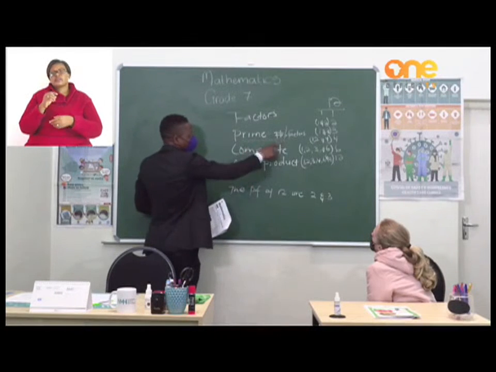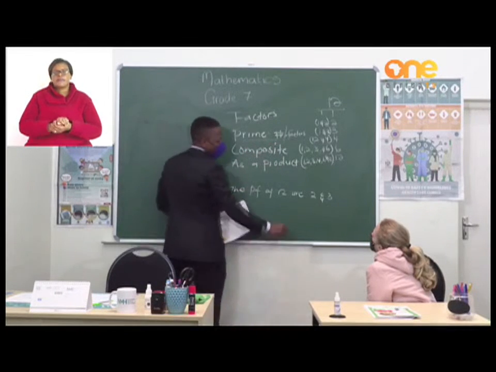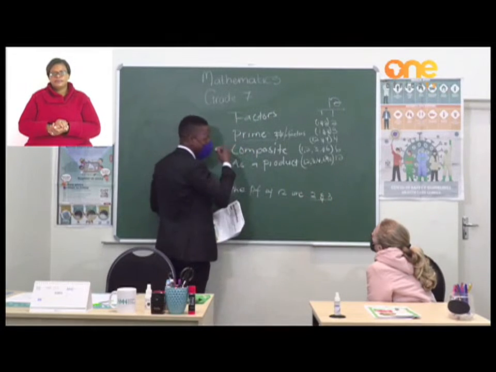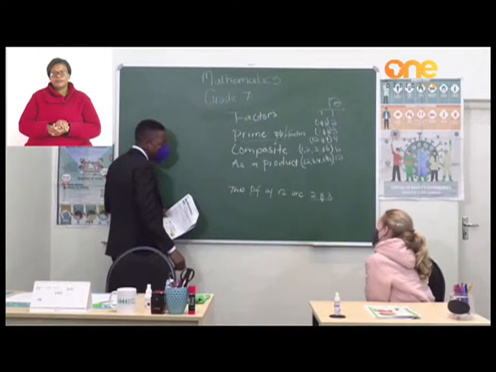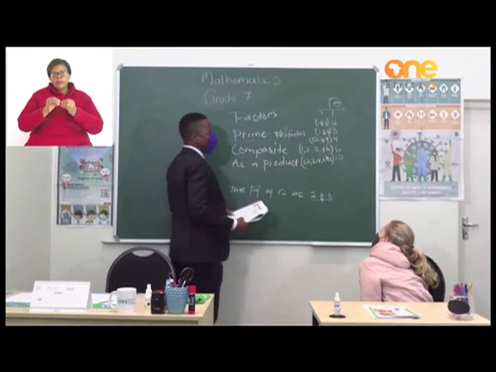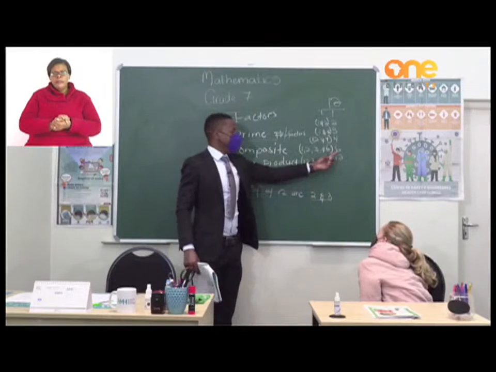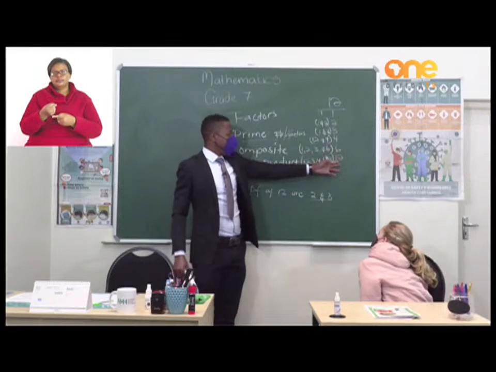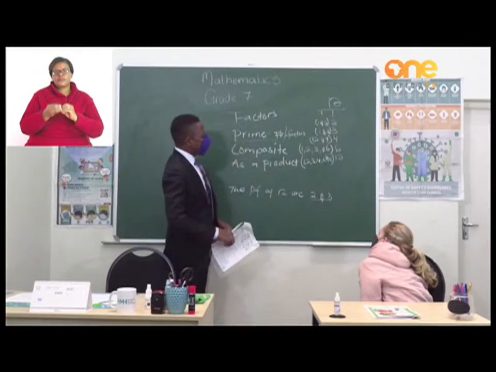A prime number is a number with two factors. Composite numbers are those numbers with more than two factors. 6 is a composite number. 12 is a composite number.